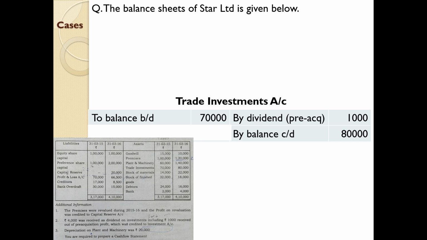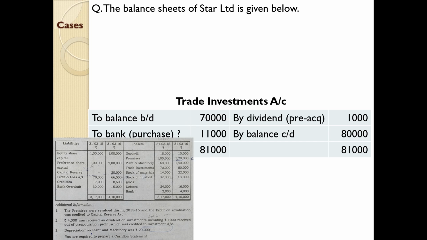By adjusting 1,000 to the concerned side of the investment account, you can see that there is a difference of amount on the left hand side while comparing the total amount with its contents on the respective sides. That means purchase. Since it is an asset, usually the difference on the left hand side represents a cash purchase or a bank purchase, whatever it is. So trade investment is over.